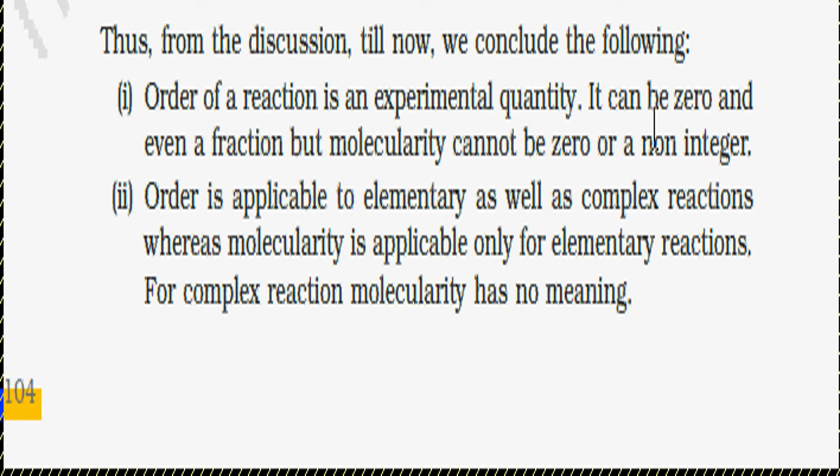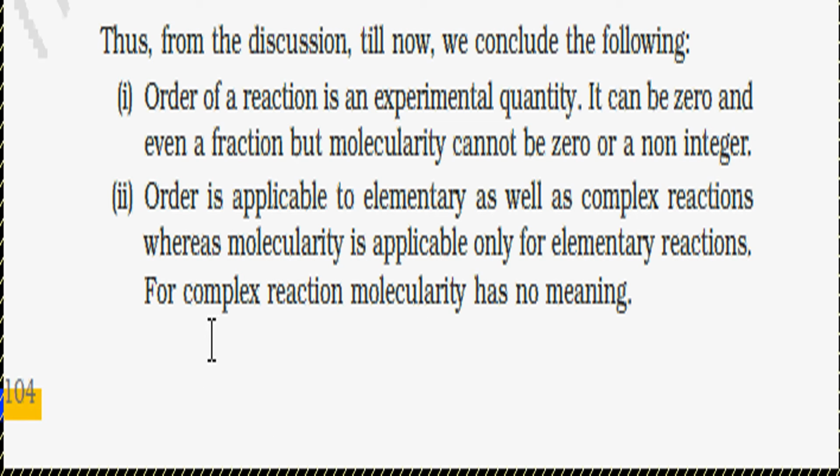So what can we conclude from the discussion? Number one, order of a reaction is an experimental quantity, so it can be 0 and even a fraction. But molecularity cannot be 0 or a non-integer. Second, order is applicable to elementary, that is simple, as well as complex reactions, whereas molecularity is applicable only for elementary reactions.